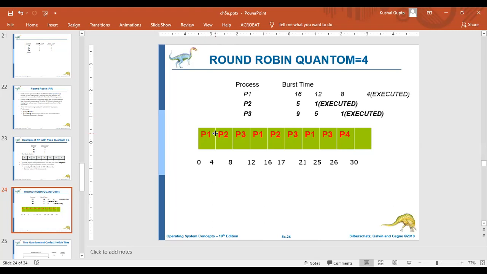You have to save the current state of P1 and load the previous state where P2 had completed. So you will have some time delay in removing it and introducing a new process. That is known as the context switching time that we have already discussed earlier.